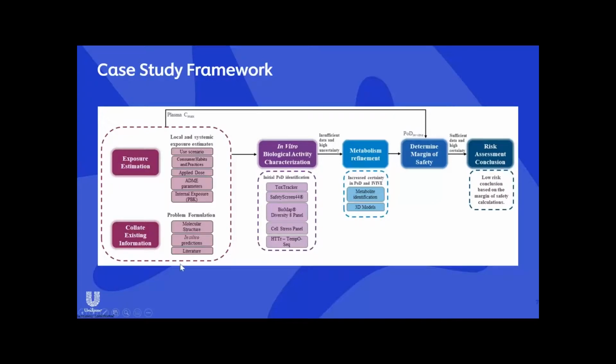Now, the exposure information that's needed right at the start of this framework includes habits and practices data, as Corey was mentioning earlier, so we can work out how much of the product and therefore how much of the ingredient consumers apply to their skin. It includes in vitro data on how much of the ingredient penetrates the skin over time, and importantly for PBK modelling, how quickly.